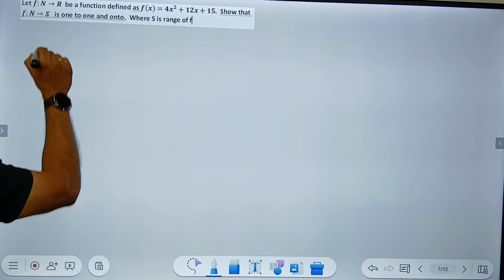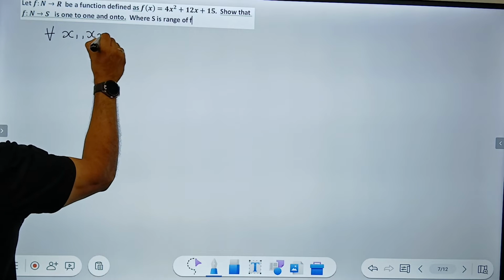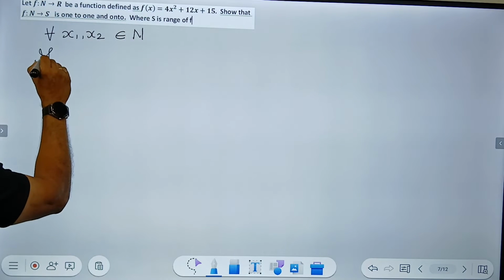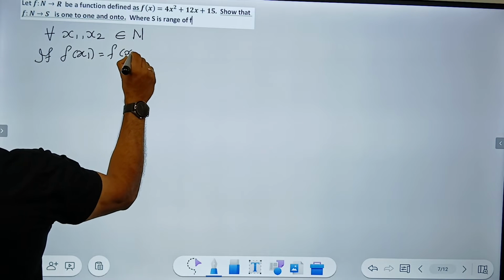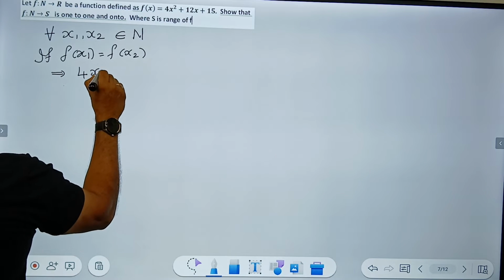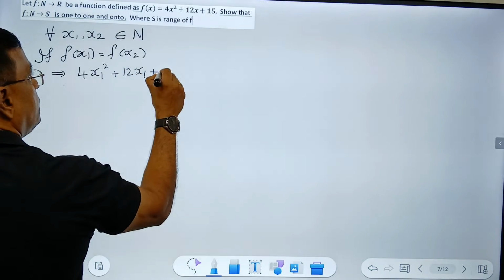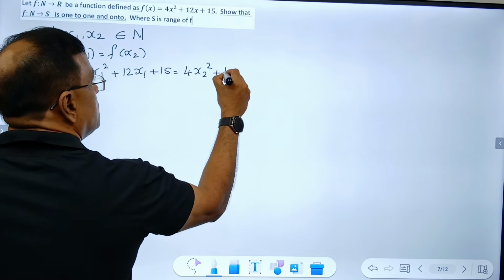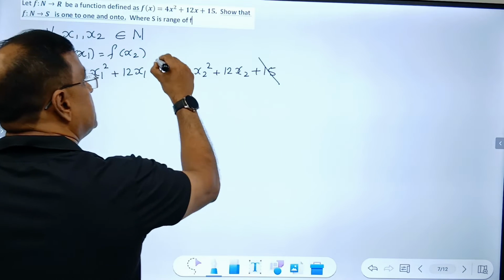Let us see. For every x1, x2 belongs to natural numbers, if f of x1 equal to f of x2 implies, what is f of x1? 4x1 square plus 12x1 plus 15 equal to 4x2 square plus 12x2 plus 15. 15 gets cancelled.